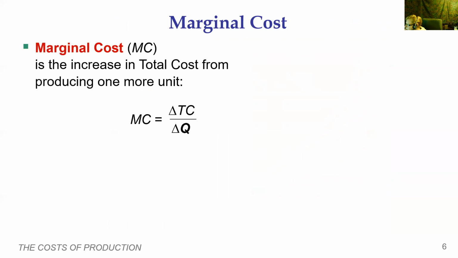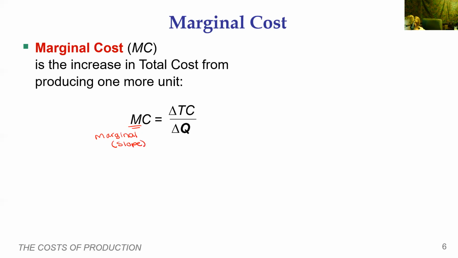Okay, now because we're looking at things incrementally, we really want to understand how do costs change as we increase output. So we're going to say that marginal cost, here's that word marginal again, and you know that marginal just means the slope of something.